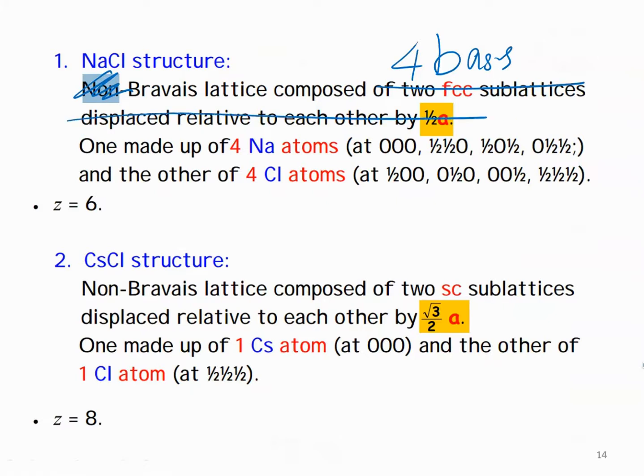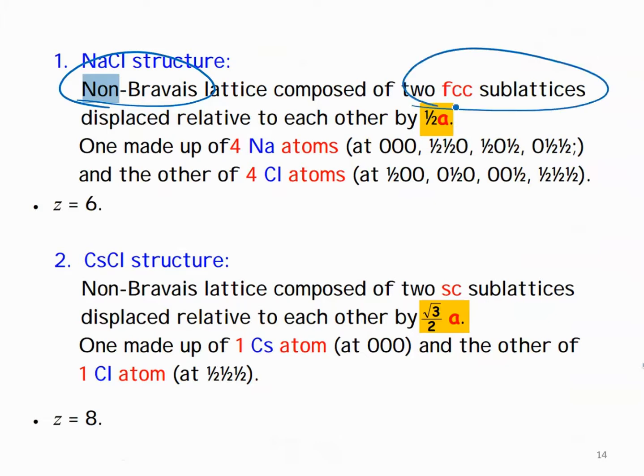The second option, if you don't like to use the concept of basis and you want to look at it by using the atoms, then you can see that it's actually composed of 2 non-Bravais FCC sublattices, both displaced by half a. The first one is composed of 4 sodium atoms, the other one is composed of 4 chlorine atoms.